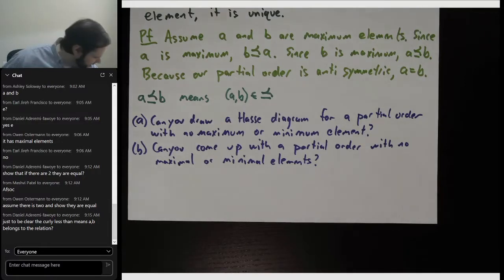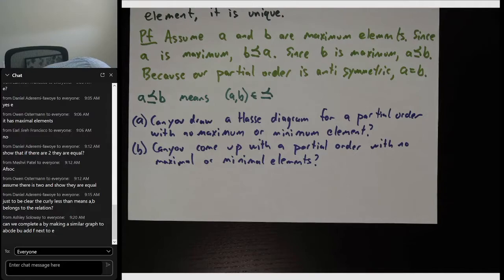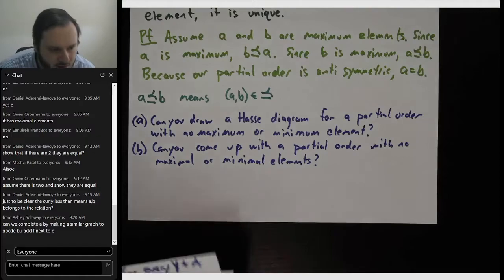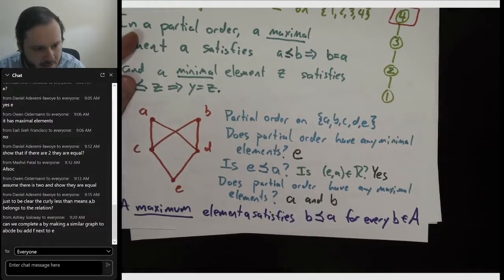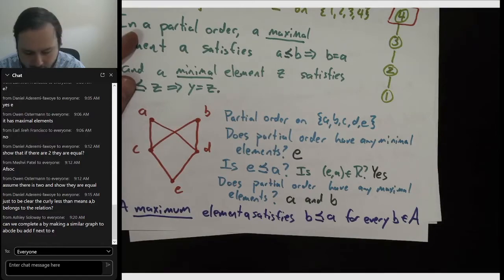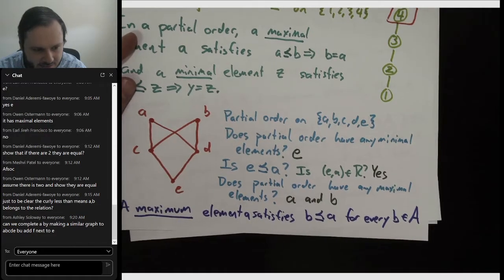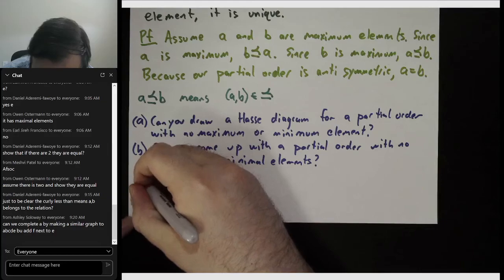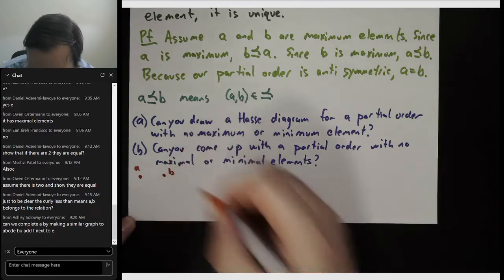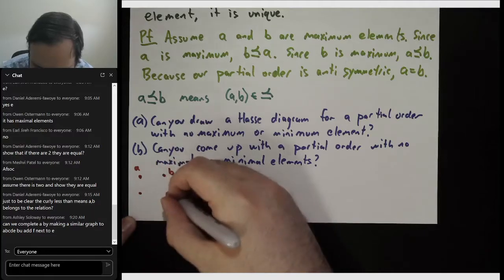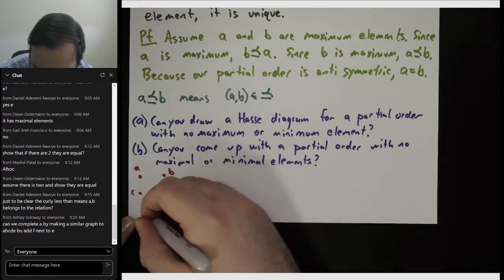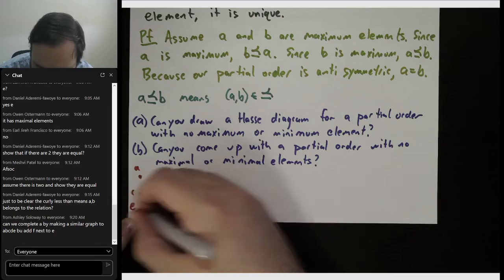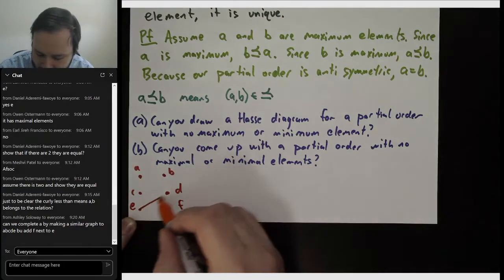Well, we saw an example without a maximum. Yeah, right, similar to this, but let's add an F. So I can have an A and a B. Neither one of these are maximum. A C and a D. And now instead of just an E, I'm going to have an E and an F. And I can add edges here, here.